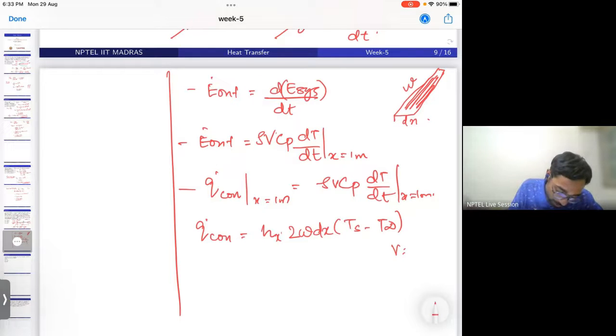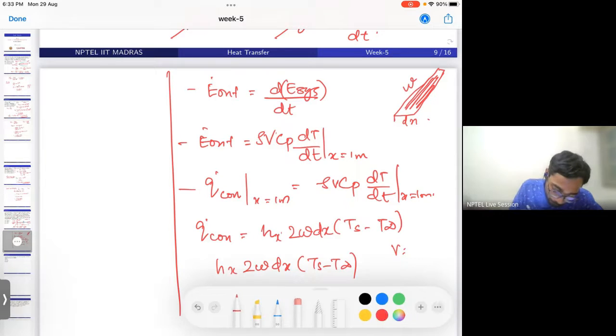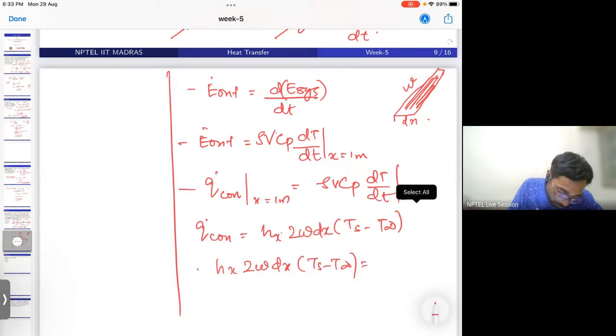So this is hx 2W dx (Ts minus T infinity) would be equal to rho V, I am writing as W dx, and delta Cp dT by dt. So this dx cancels, W cancels out.